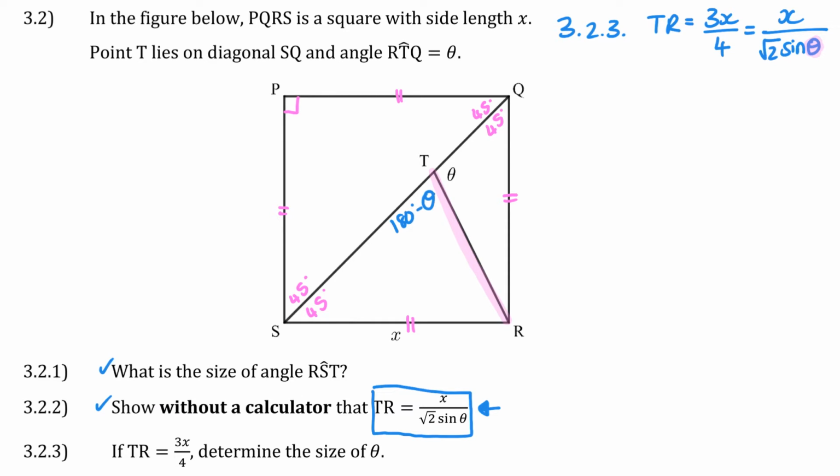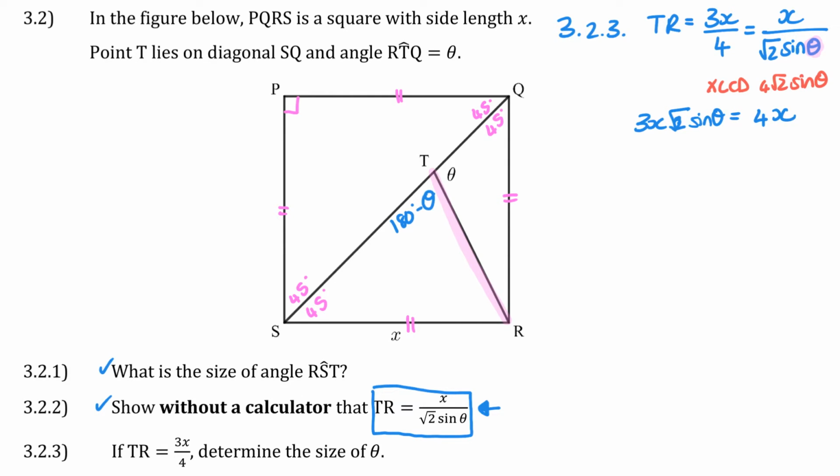At the moment, sine of theta is in the denominator. So let's multiply both sides by my lowest common denominator, which will be 4 root 2 sine theta. On the left, I'm going to get 3x times root 2 sine theta. And on the right, I'm going to get x times 4, or 4x.